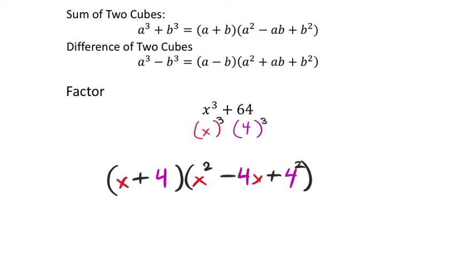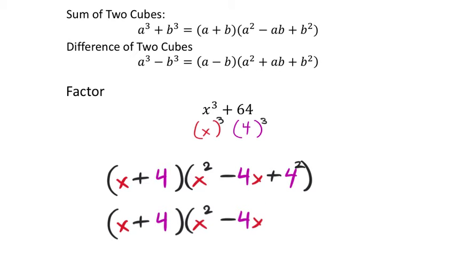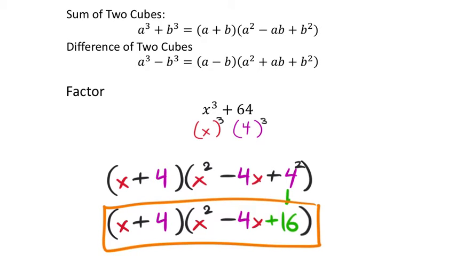So don't forget to look at the formula for that if you need it. That is important, because I can't do anything else with the rest of this, but the 4 squared, I do need to show as a positive 16 right there. And then this is our final expression right here.